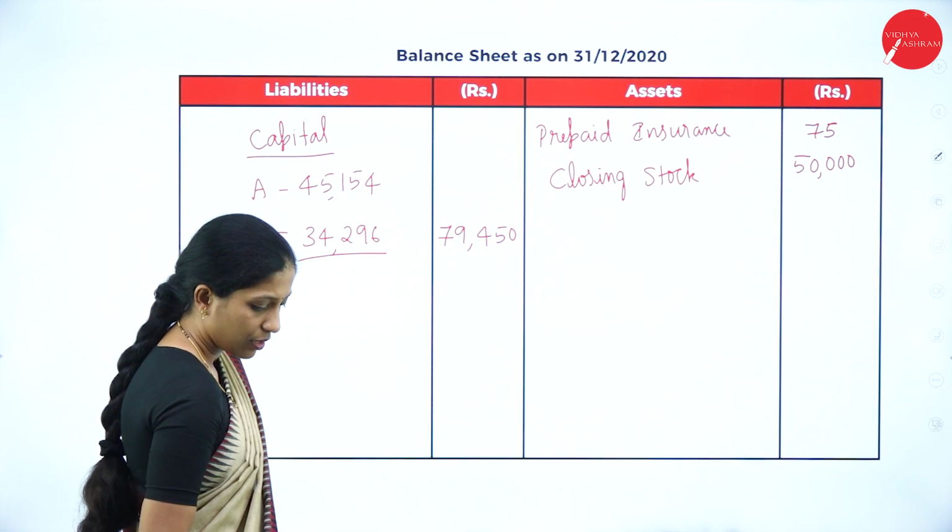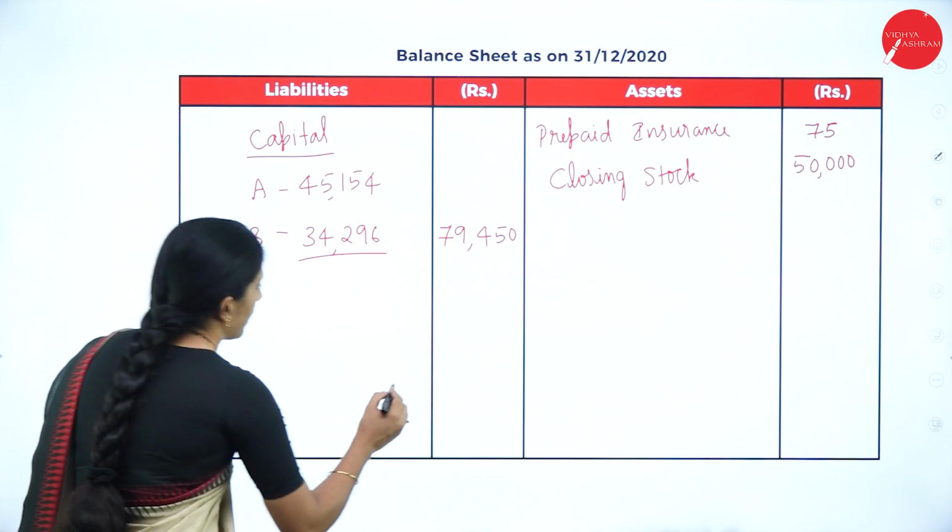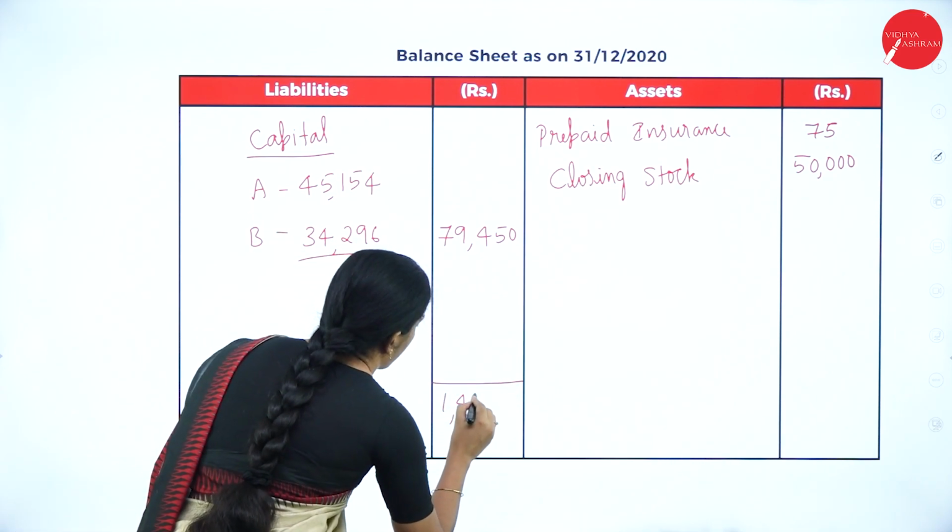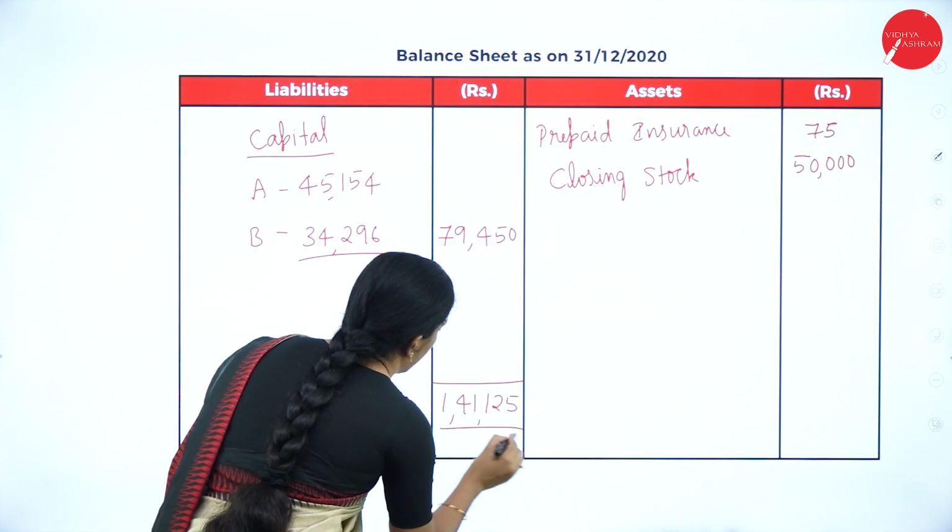So this will be 1,41,125 on the liability side.